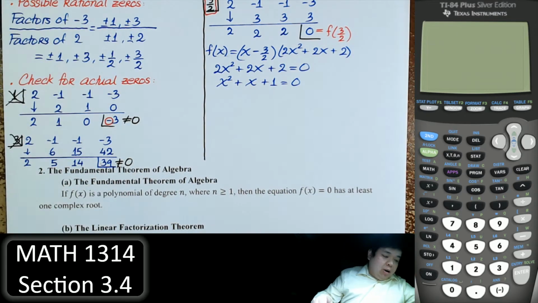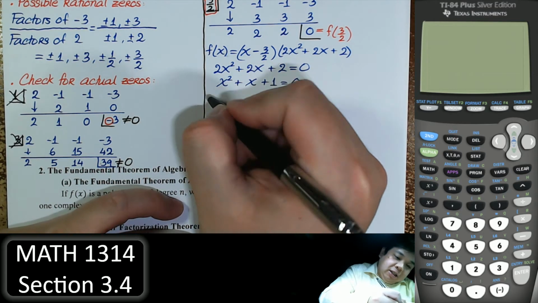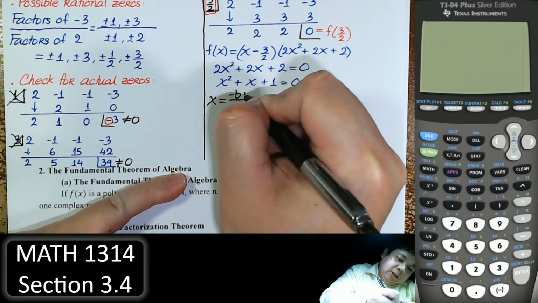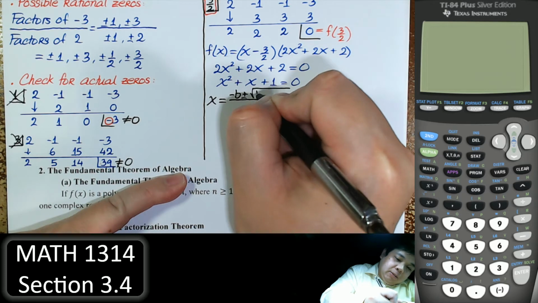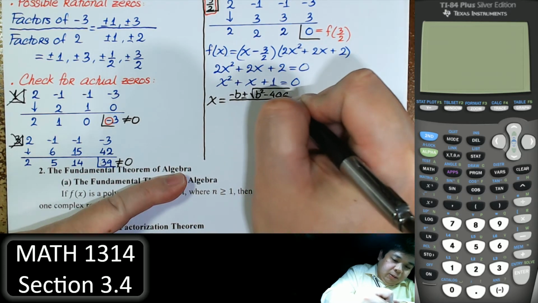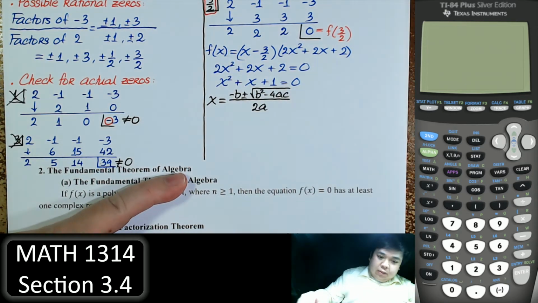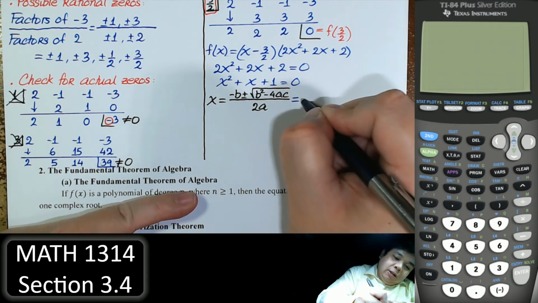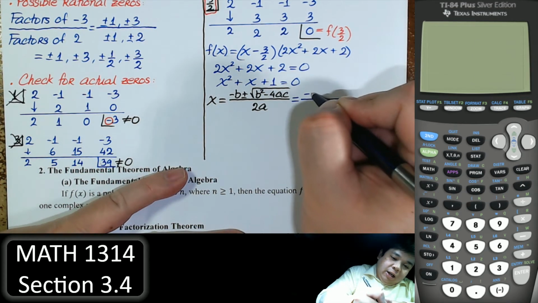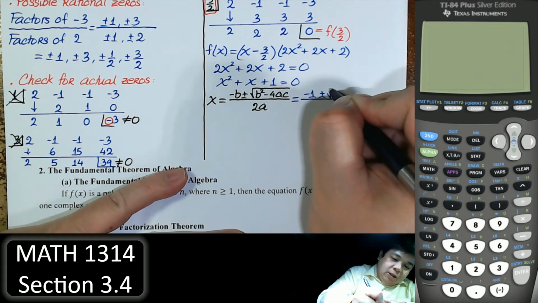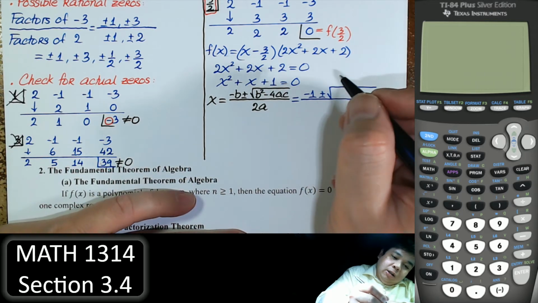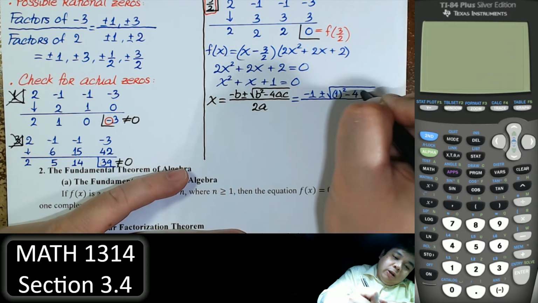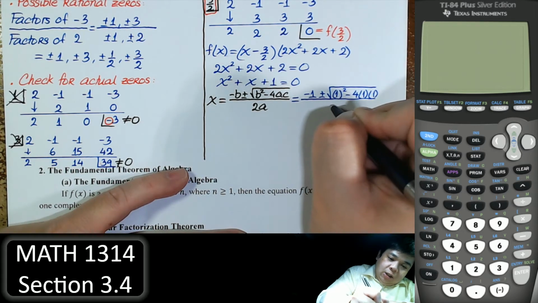Right? I'll use the quadratic formula here. Negative b, which is negative 1, plus or minus the square root of b squared minus 4ac, over 2a.